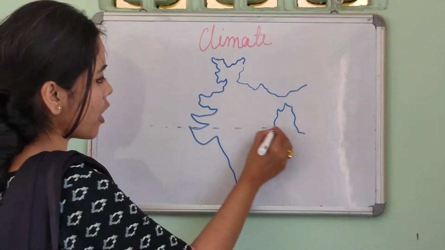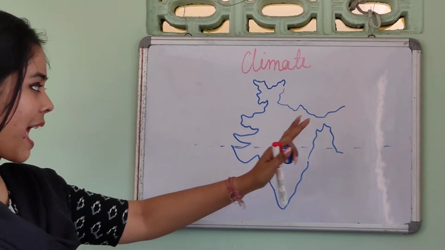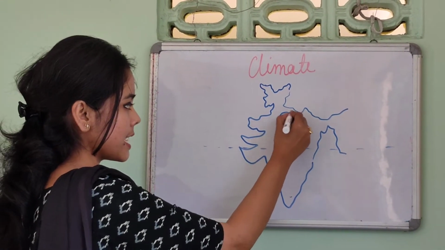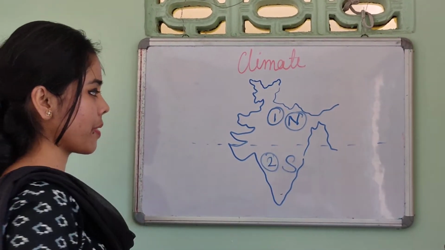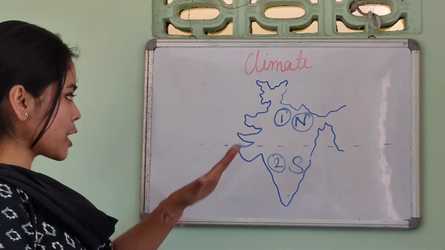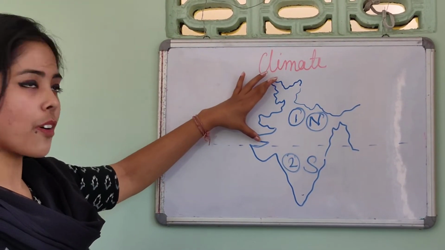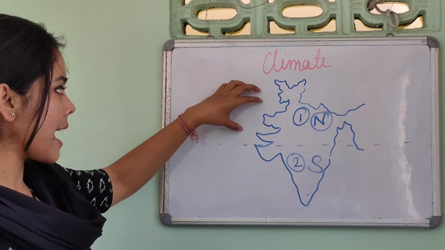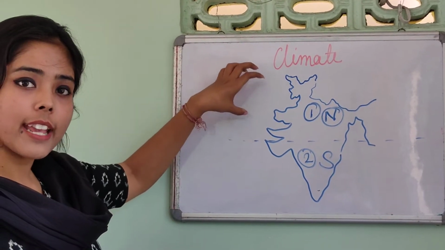Now the Tropic of Cancer passes through the center of India and it divides India into two basic parts. Number one, the northern part. Number two, the southern part. So in the northern part, this region experiences subtropical and temperate type of climate with scanty rainfall, and the annual range of temperature is very high.